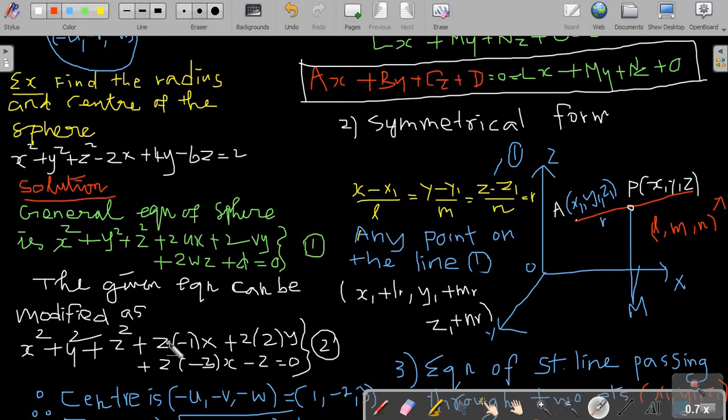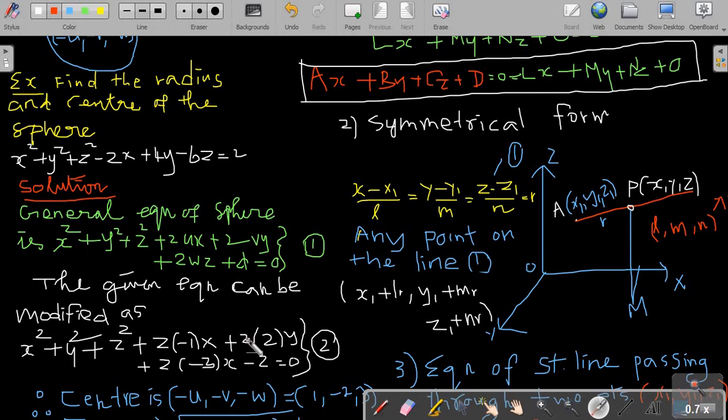Then plus 4y, I can write as 2 into 2y, plus, instead of minus 6z, I can write plus 2 into minus 3 into z, minus 2 equals 0. I am bringing this to this side, so I will get minus 2 equal to 0.